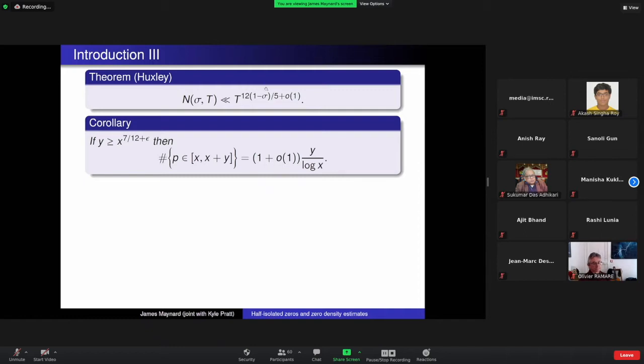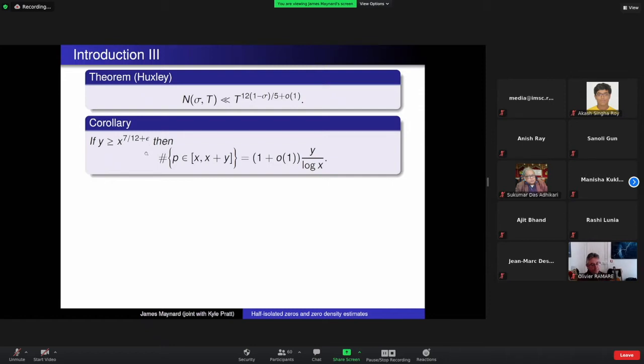It's this result of Huxley that N(sigma, T) is bounded above by T to the power 2.4 times 1 minus sigma. And so an immediate consequence of Huxley's zero density bound using the previous lemma is that we get an asymptotic for primes in short intervals where the length of the interval is about x to the 7/12 or slightly bigger.